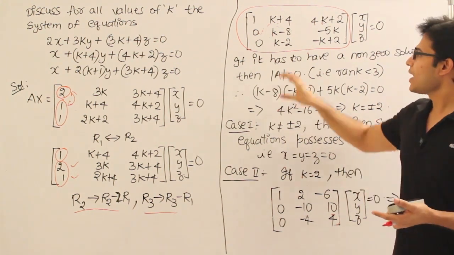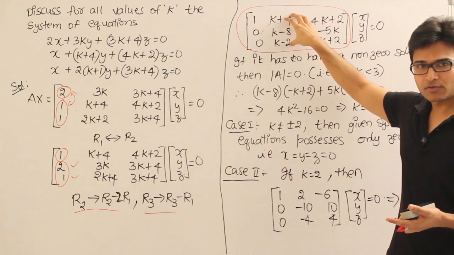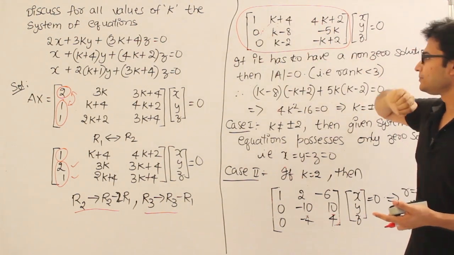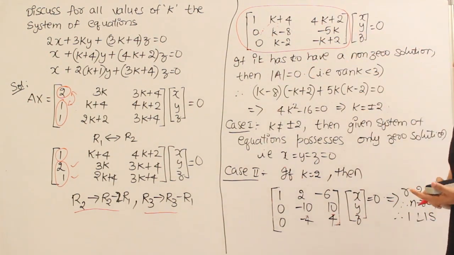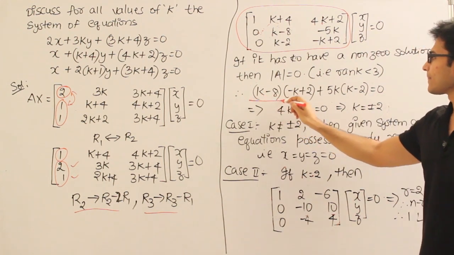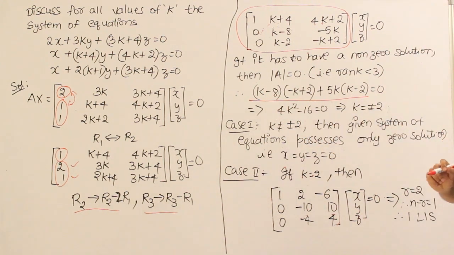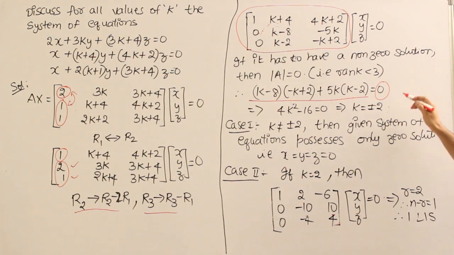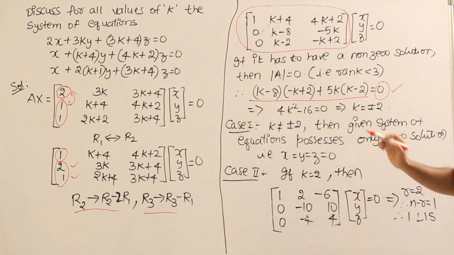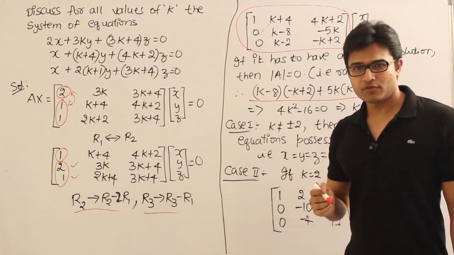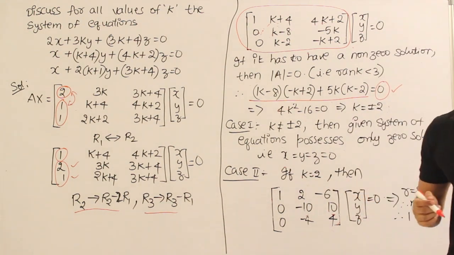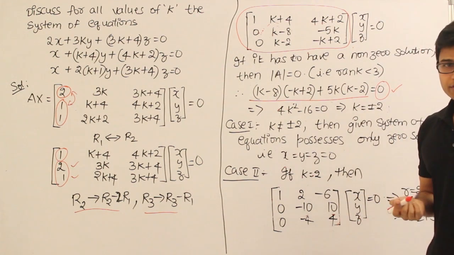For that reason, I'm trying to find the determinant and I'll equate it to 0. If I find the determinant of this, I got this one. I'll equate it to 0. Why am I doing it? Whenever the determinant is equal to 0, rank is less than 3, so rank is less than the number of variables, and so we have a non-zero solution.